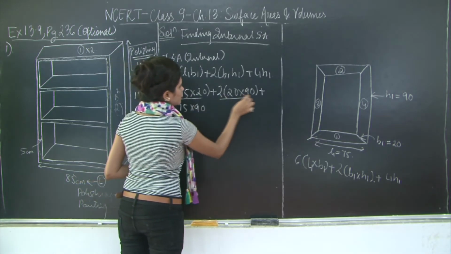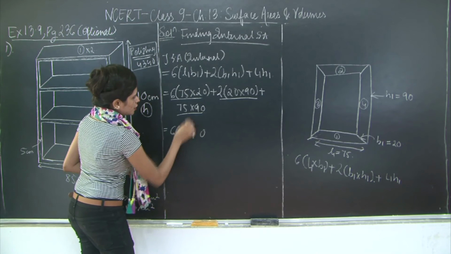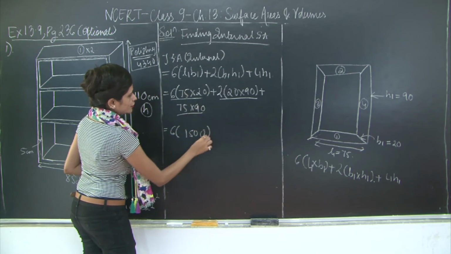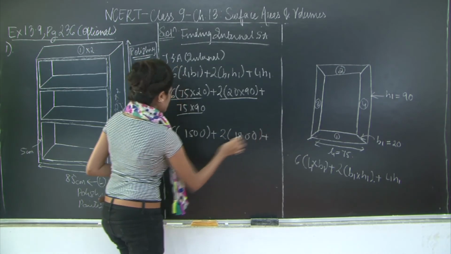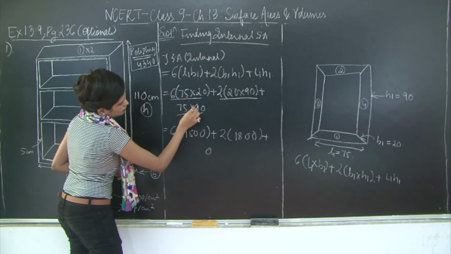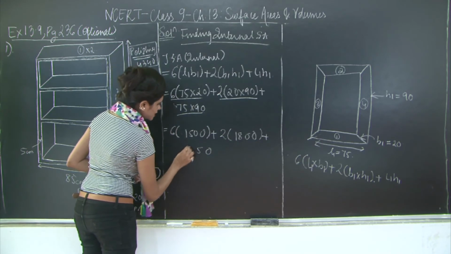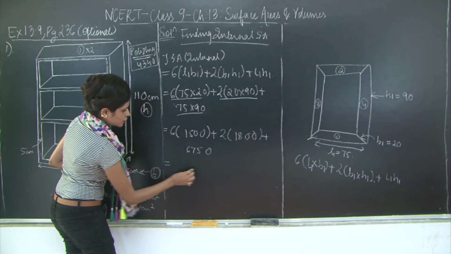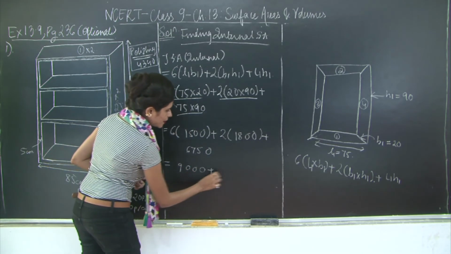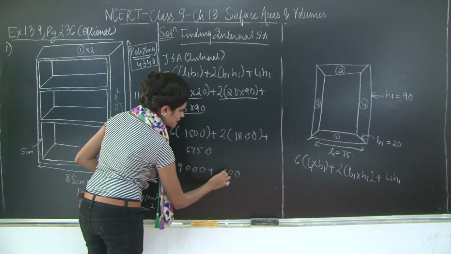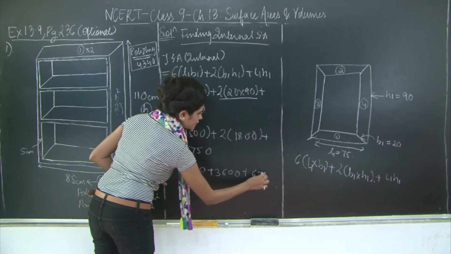Let's underline what we are going to calculate individually first. So this is going to be 6 times 2 into 75 is 150. So 9000, plus 2 into 20 into 90, which is 3600, plus 75 into 90, which is 6750.